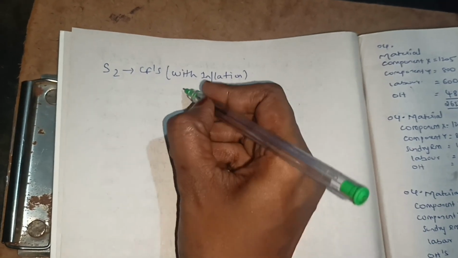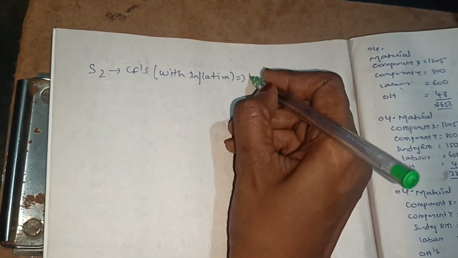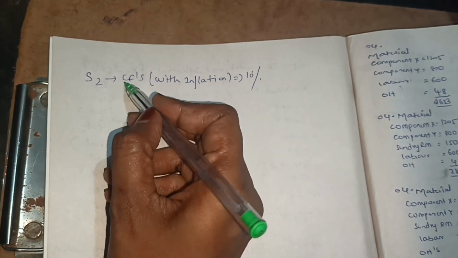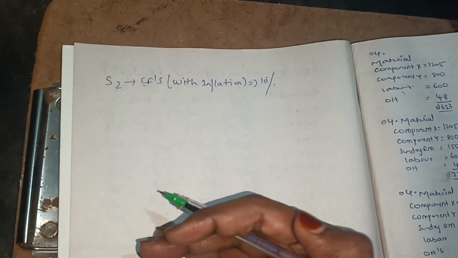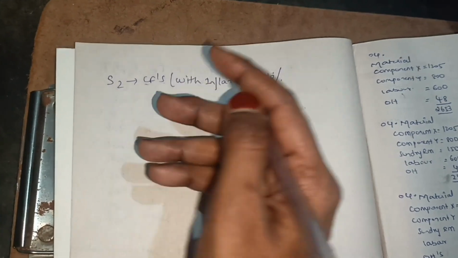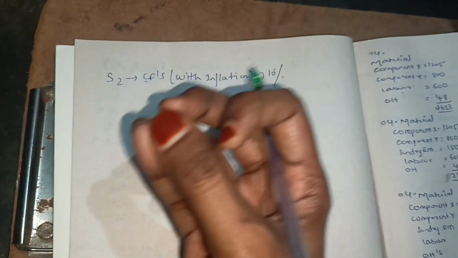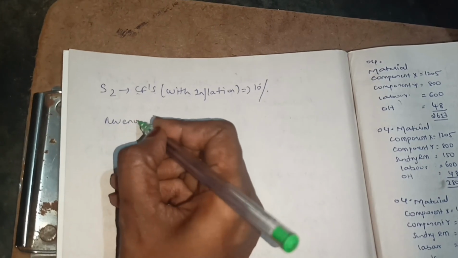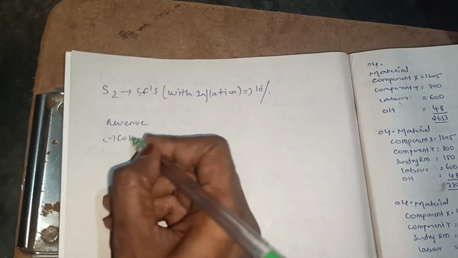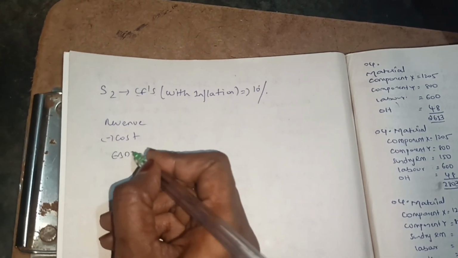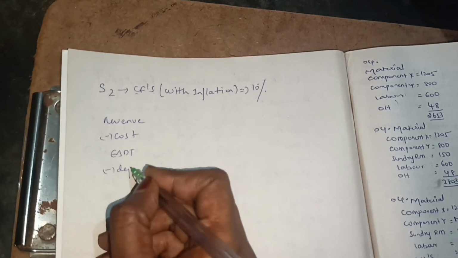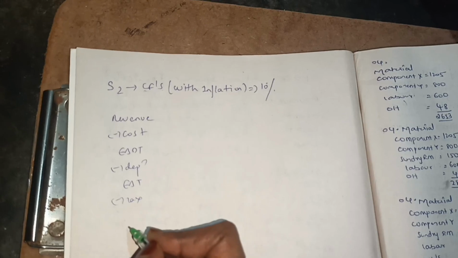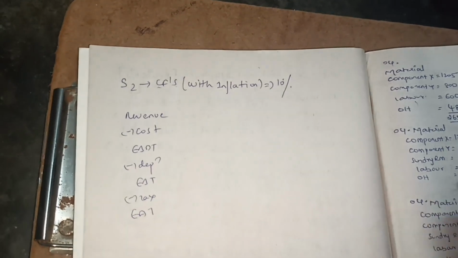In the question, inflation rate is given as 10%. I already told you the format to prepare cash flows, or else the format to find cash flows, that is revenue minus cost, EBDT minus depreciation, EBT minus tax, EAT.